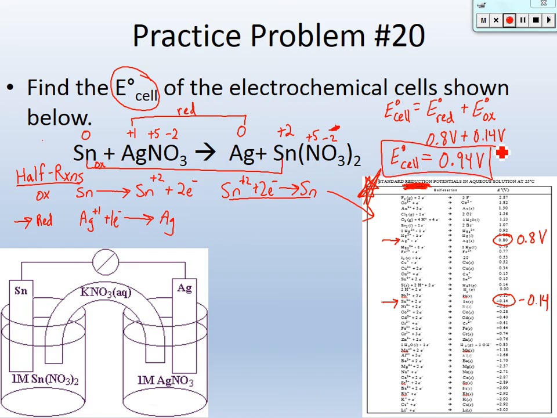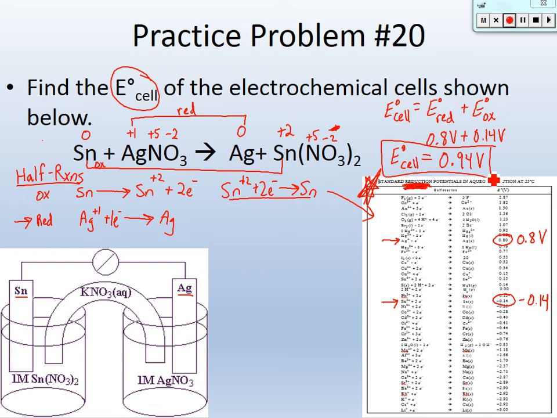So if you constructed your electrochemical cell using a tin electrode and a silver electrode, you would produce an electrochemical cell with the electric potential energy, or the voltage, of 0.94 volts. Okay, hopefully you got that right.